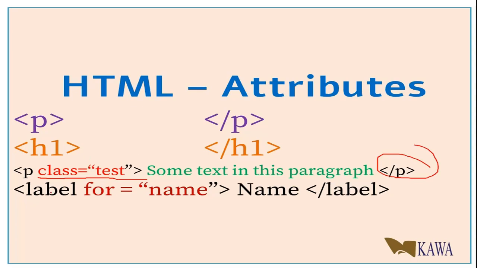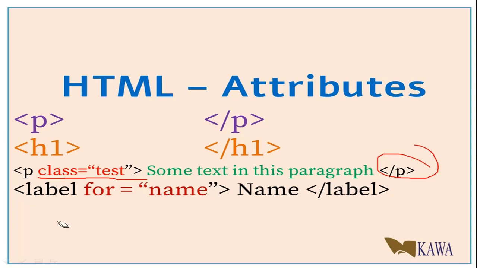I can also introduce another attribute here called label. Here the label tag has another attribute called for. I purposely introduced that so that I didn't get mixed up.